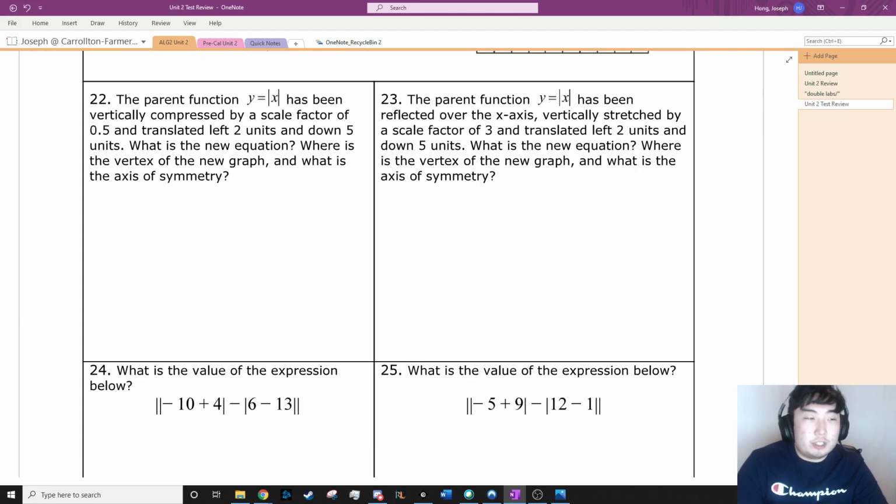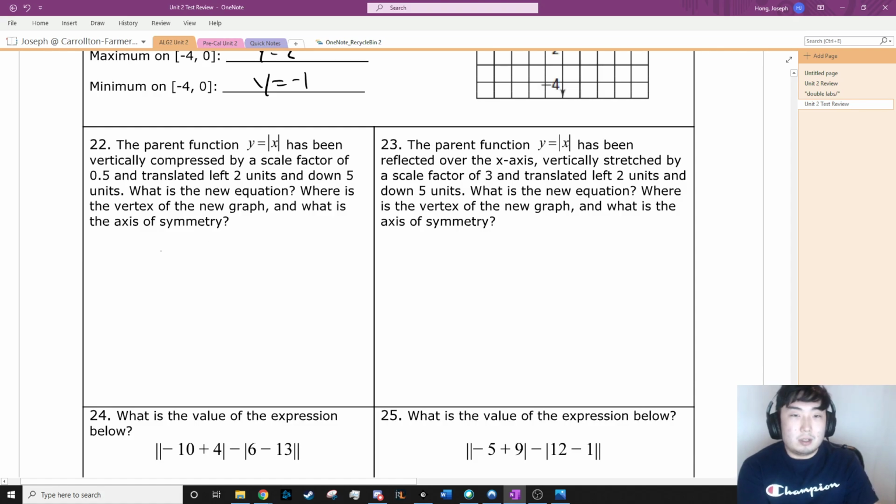I guess I'll do number 22. So the parent function y is equal to absolute value of x has been vertically compressed by a scale factor of 0.5, translated to the left 2 units, down 5 units. What is the equation? Where's the vertex? Where's the axis of symmetry? So really I can just list out all of my things.